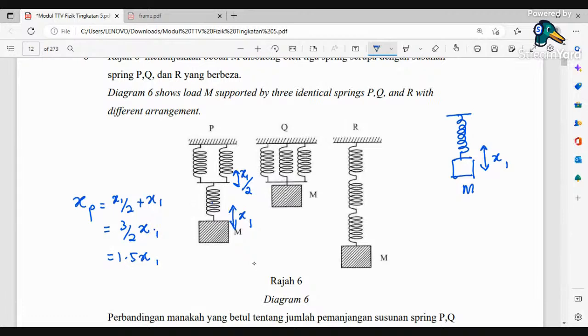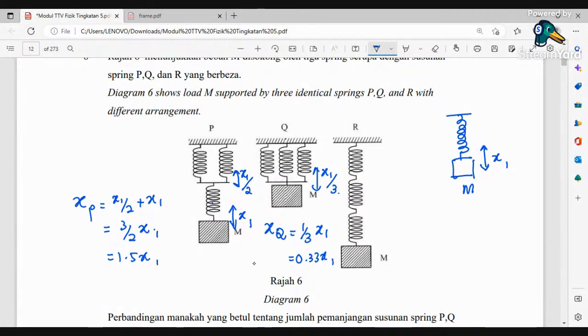Okay, you look at Q, there are three parallel springs sharing the same load, so the extension is x1 divided by 3. So you have xQ equals 1 over 3 x1 or 0.33 x1.